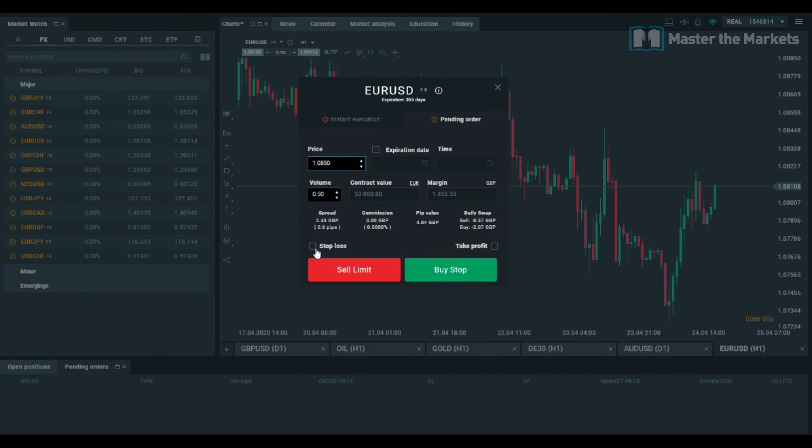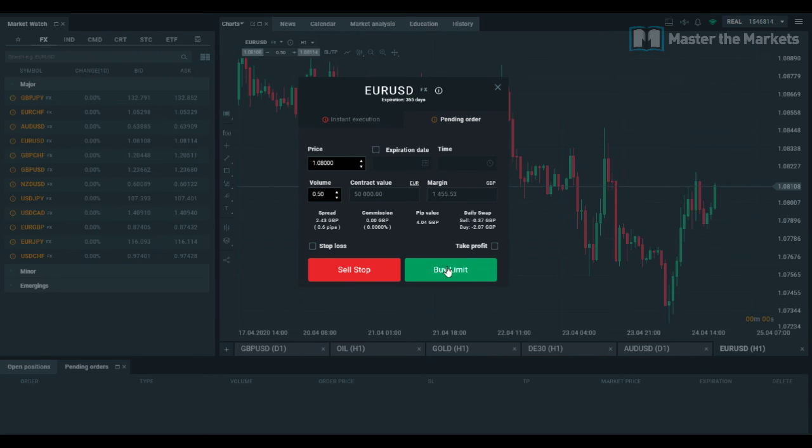You see, immediately it changes to buy stop. You don't even need to think about it. You got it? Now, if I were to put it below that price, you see right now it's 1.0810, right? So if I put it at 1.0800, you see it changes by itself to buy limit. You get it? Okay.